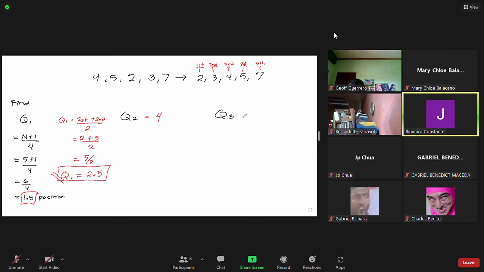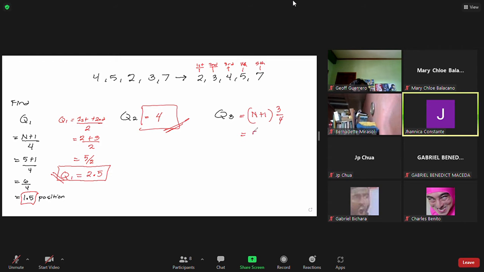For quartile 3, we have the formula in solving for our quartile 3, which is n plus 1 multiplied by 3/4.